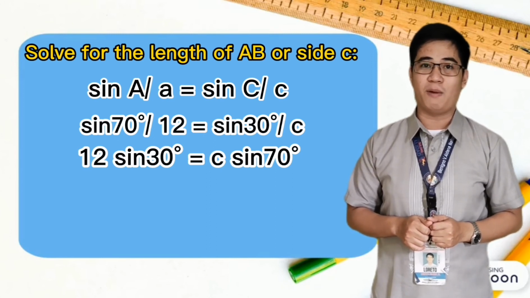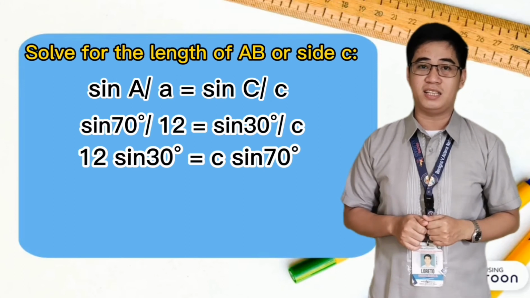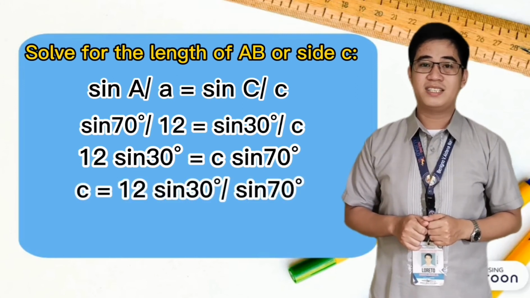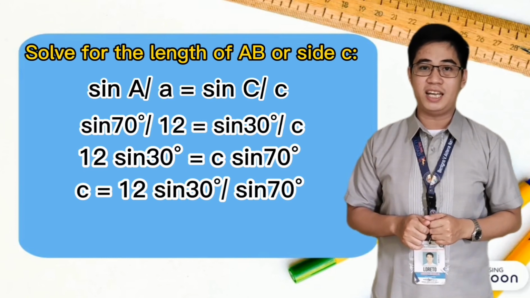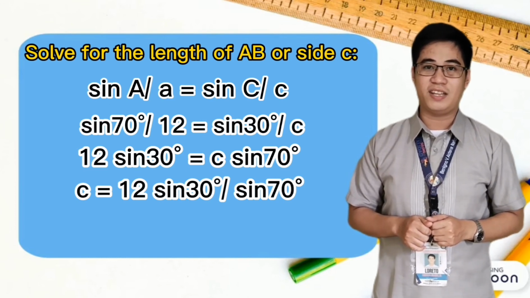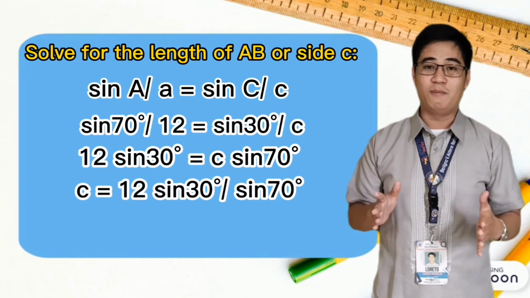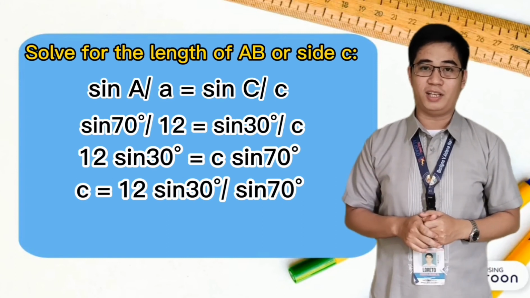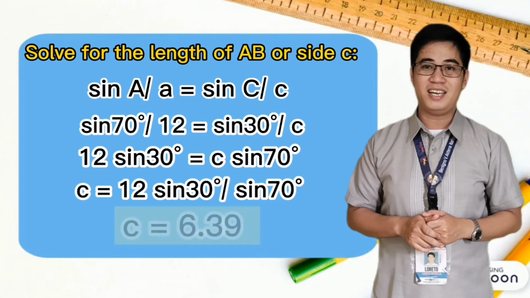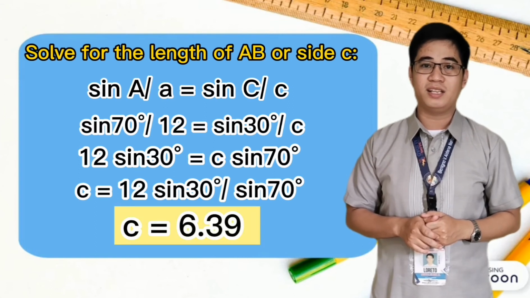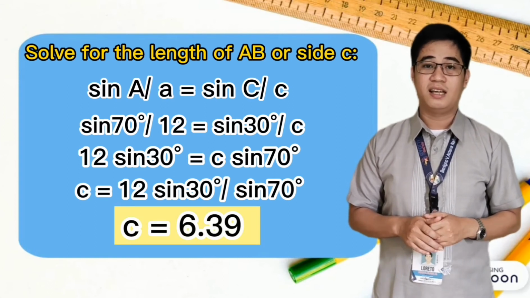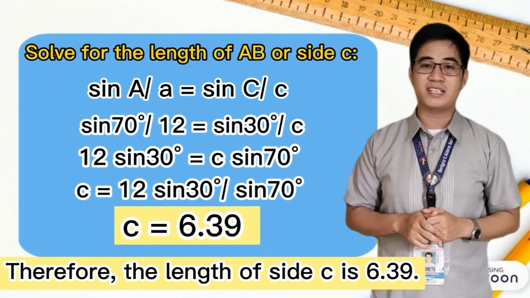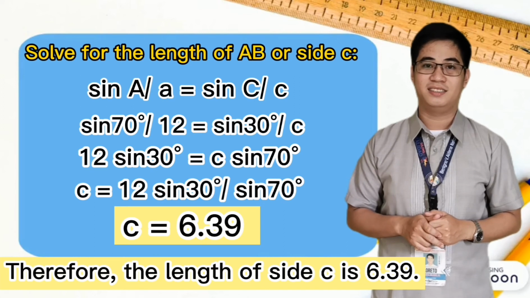Divide both sides of the equation by sine 70 degrees. We have c is equal to 12 times sine 30 degrees over sine 70 degrees. Compute using your scientific calculator, we have c is equal to 6.39. Therefore, the length of the side c is 6.39.